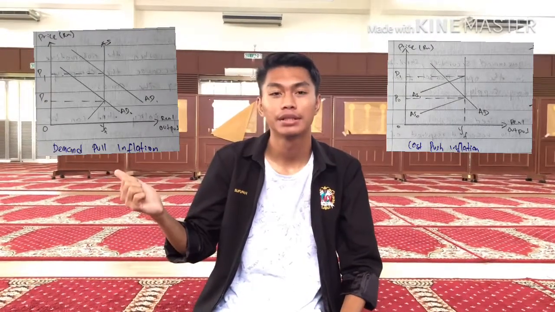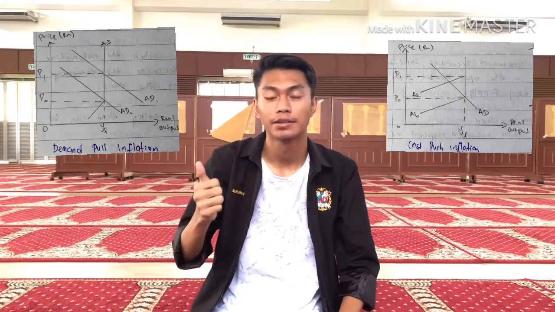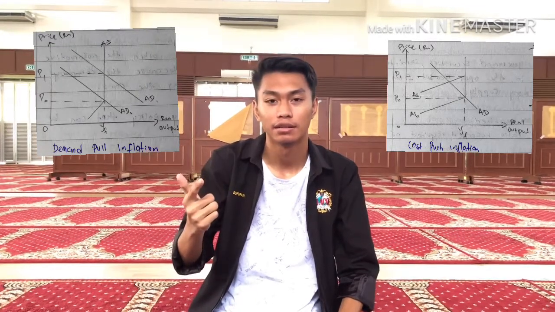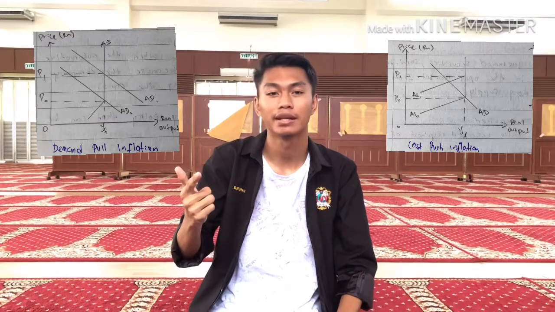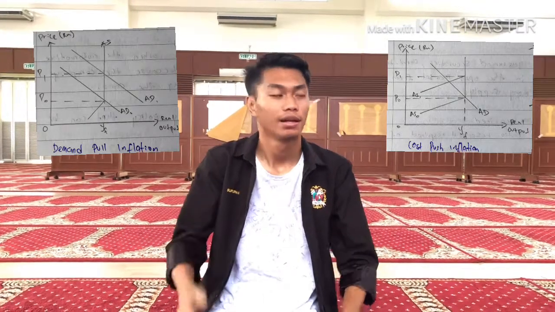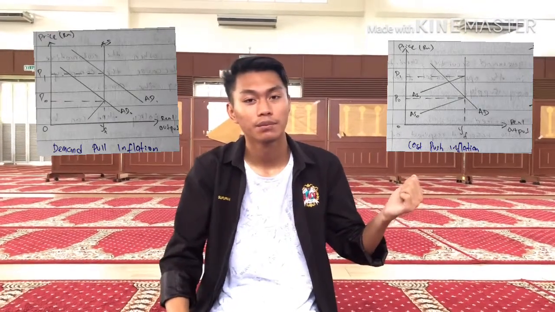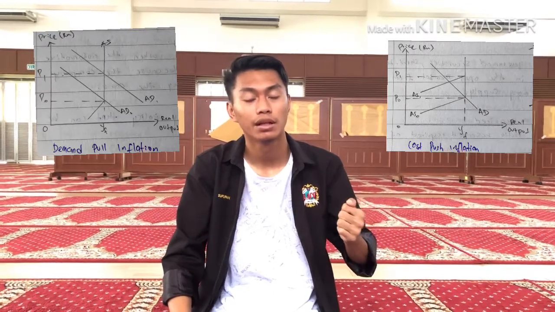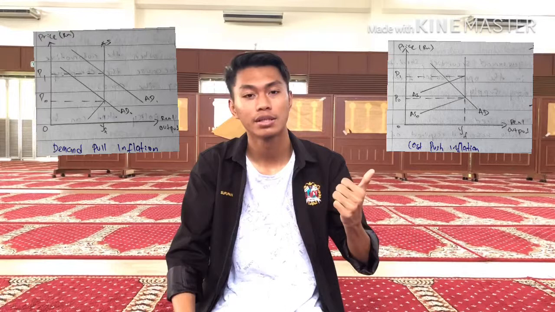Demand pull inflation can be caused by an expanding economy, increase in government spending, and overseas growth. However, cost push inflation can be caused by an increase in the input such as labor wages and raw material.